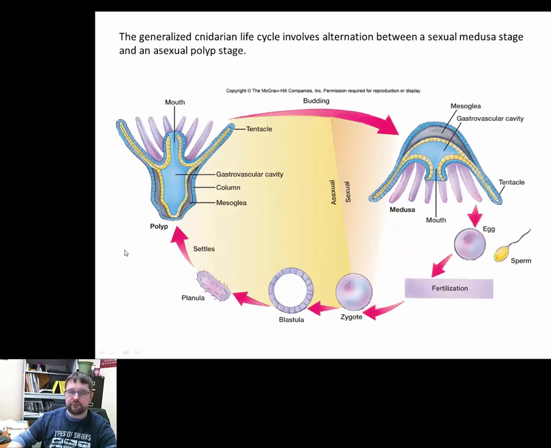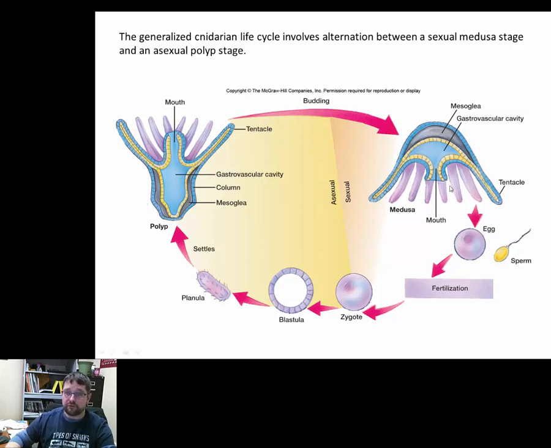Okay, so back to the Cnidarian life cycle. Now, again, I have to preface this: not all species have all these life cycles. But as a general rule of thumb, you're going to have a polyp phase, which is the asexual budding phase of the organism.